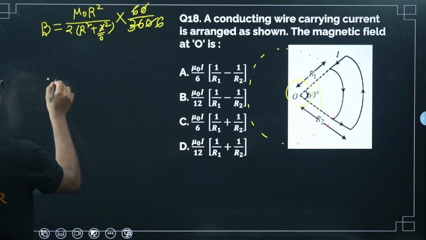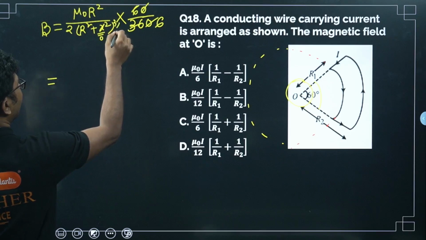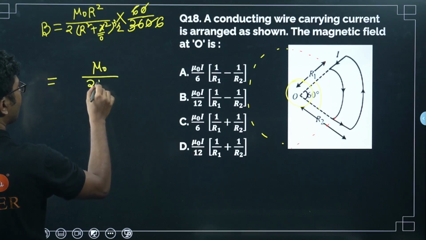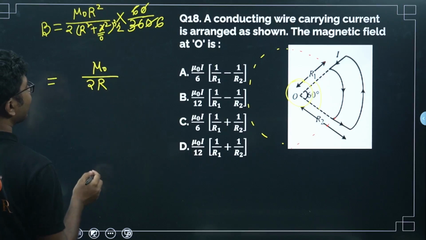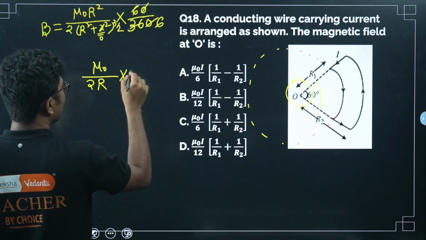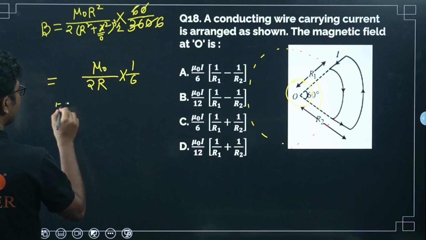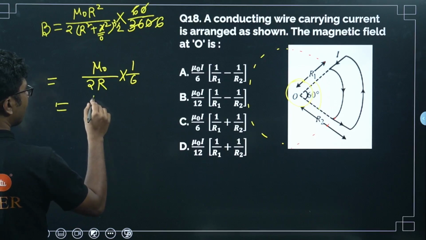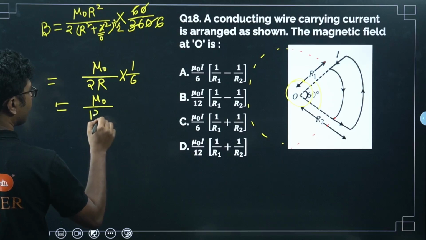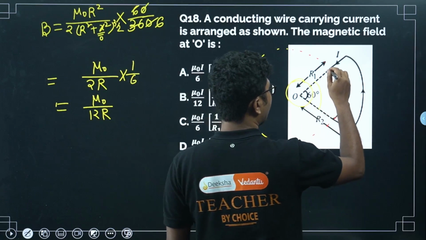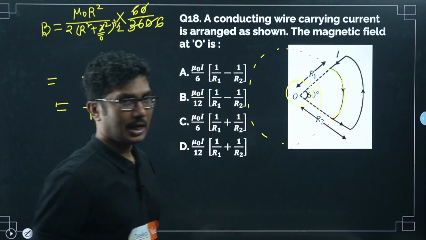So we just need to simplify it. Mu naught by 2r. We have already done this process during the theory class; if you don't know how we are getting it, you can check that. So we can write this as mu naught by 12r. This is due to only one wire.